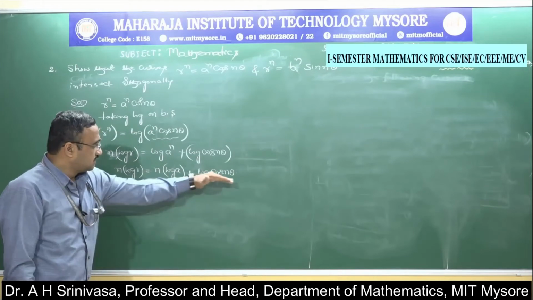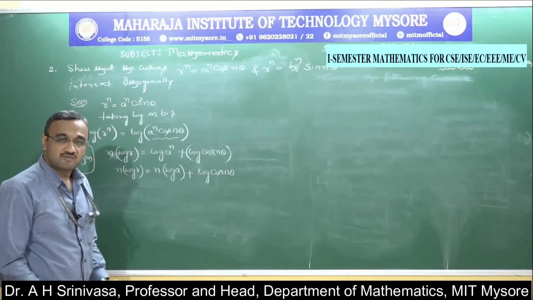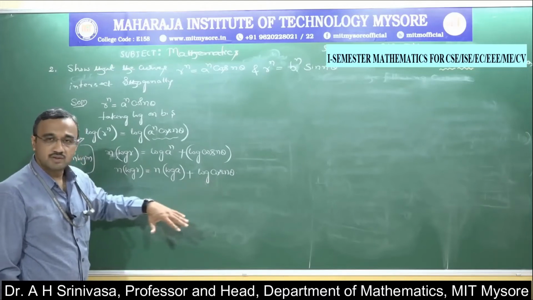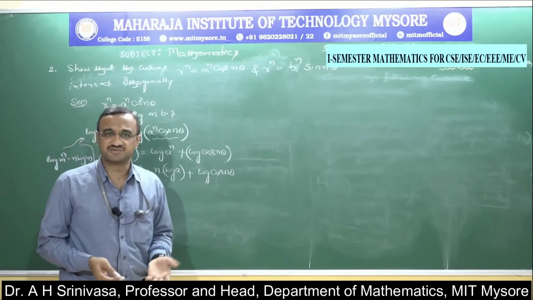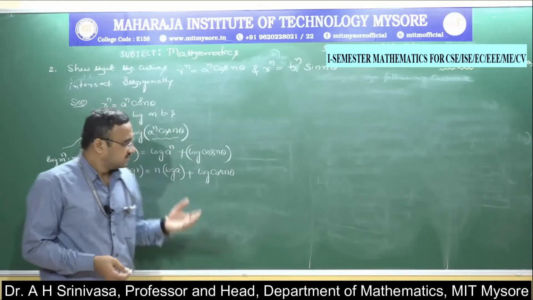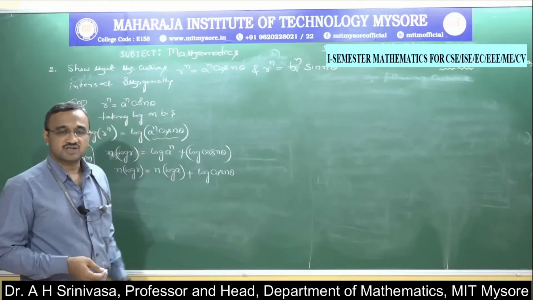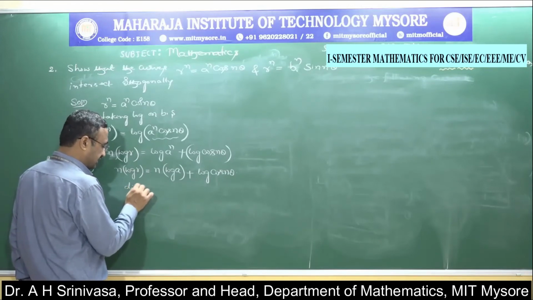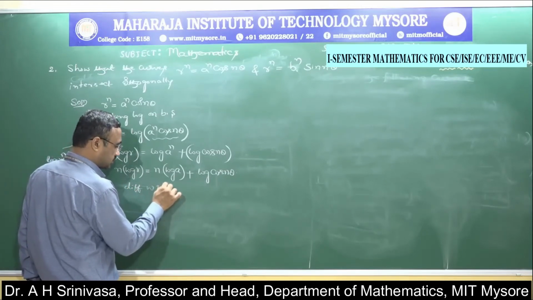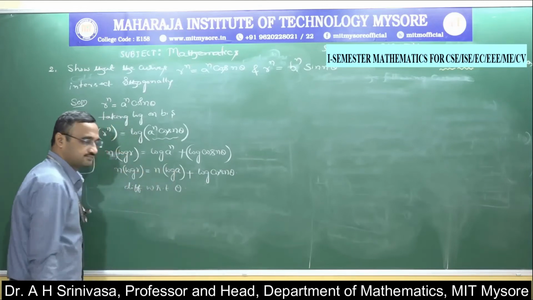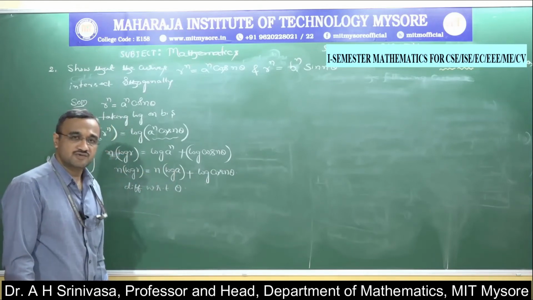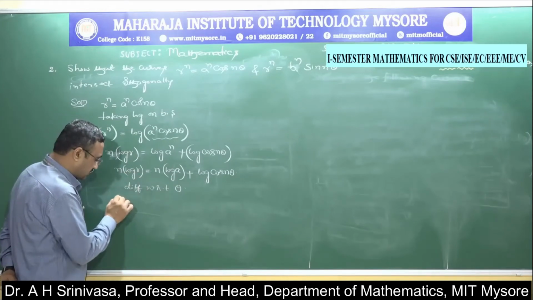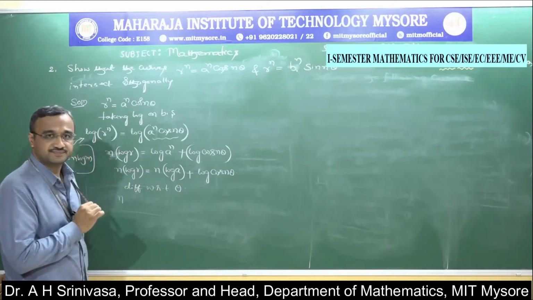Now it comes under the form of differentiation. The power is reduced, so it is very easy to do the differentiation work. For that, I am going to differentiate this with respect to theta as usual. For the differentiation, n is a constant, keeping n as it is.